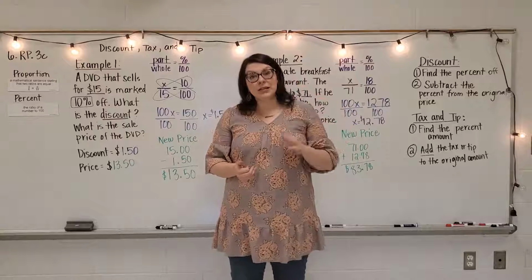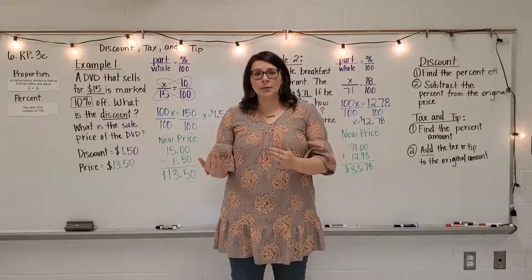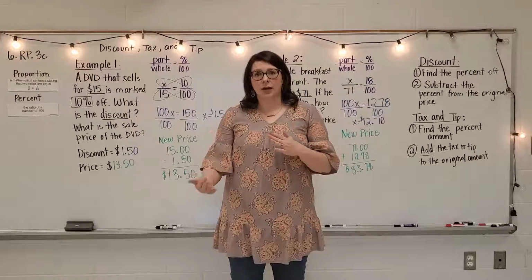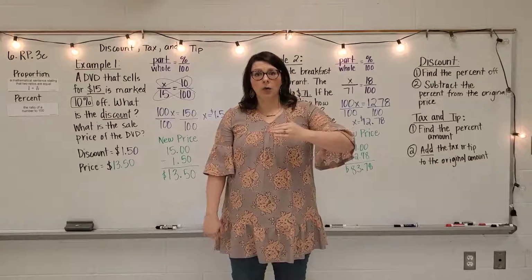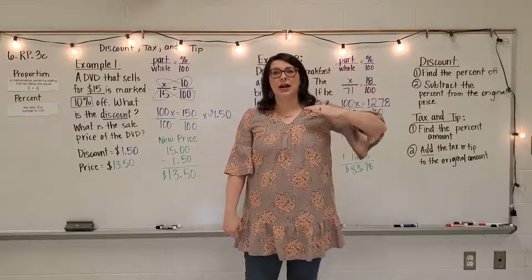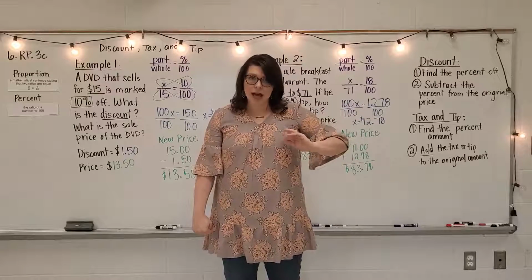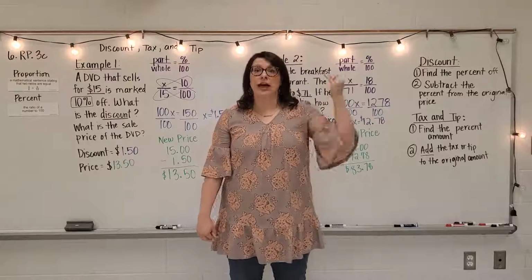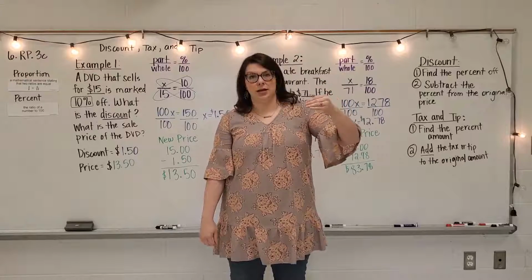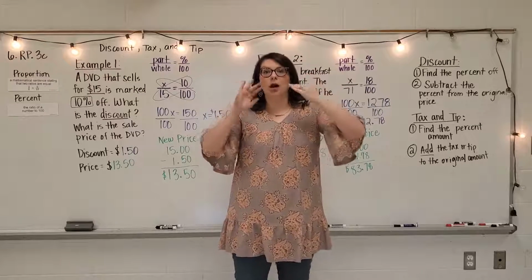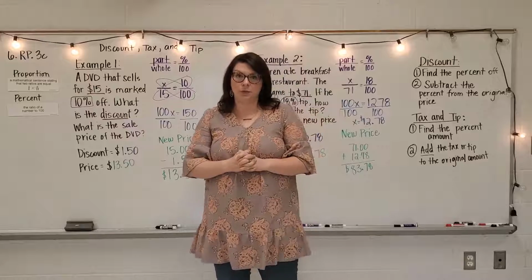In percent, we can set up that proportion using part to whole is equivalent to percent out of 100, because 100 is the whole amount of percent, and any part of that is the percent amount. So part over whole for both scenarios, okay?